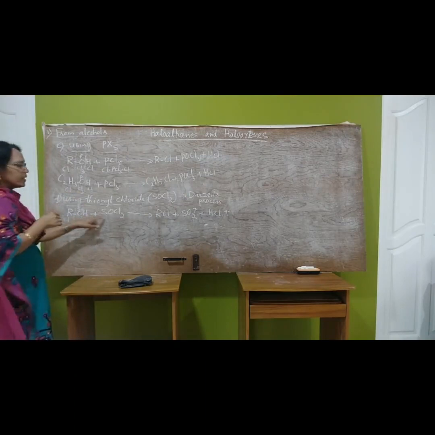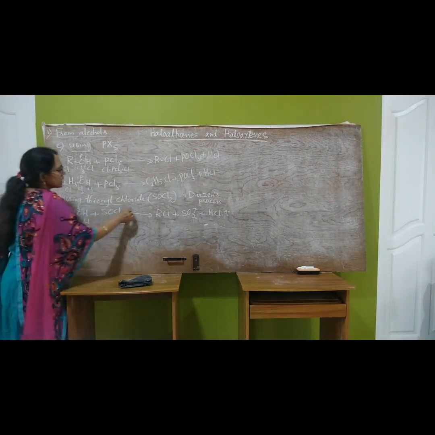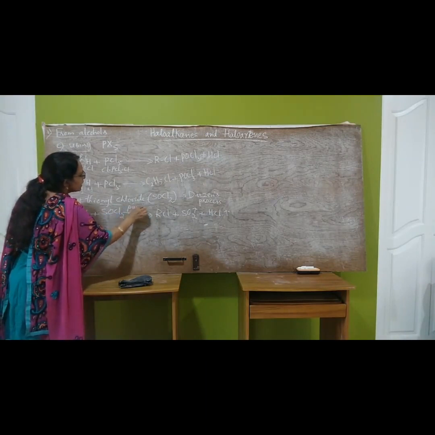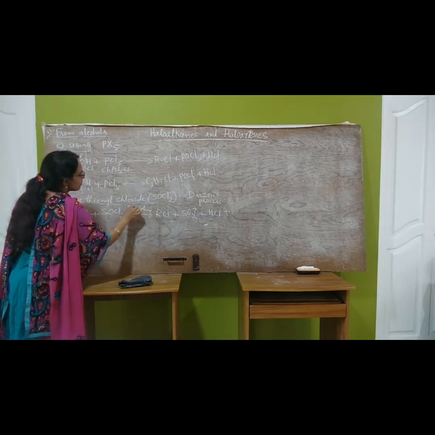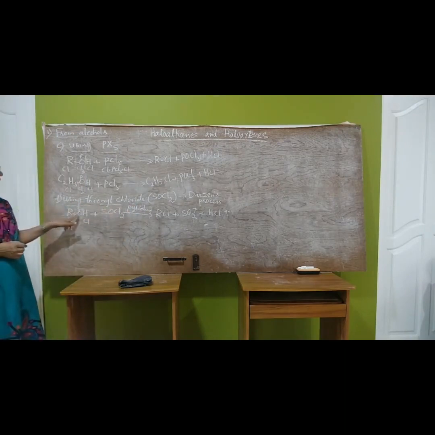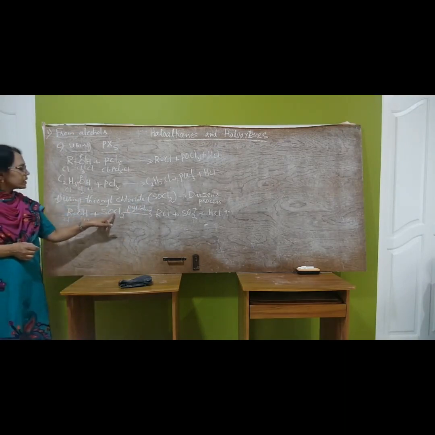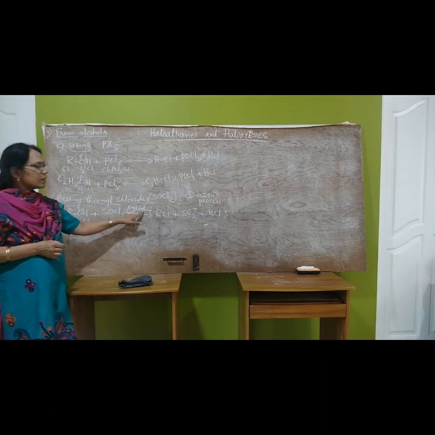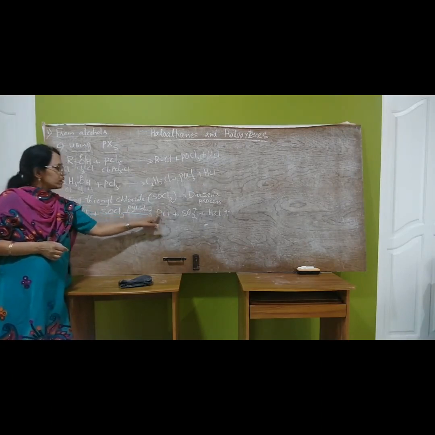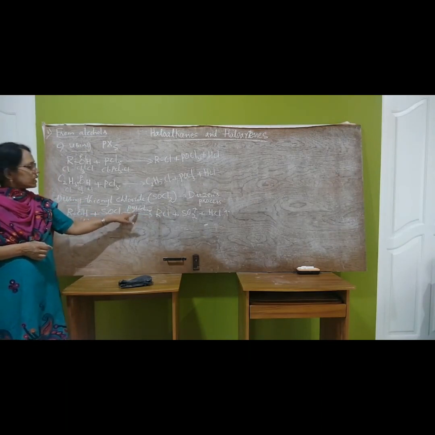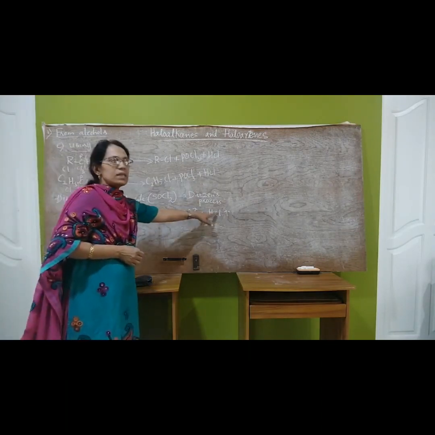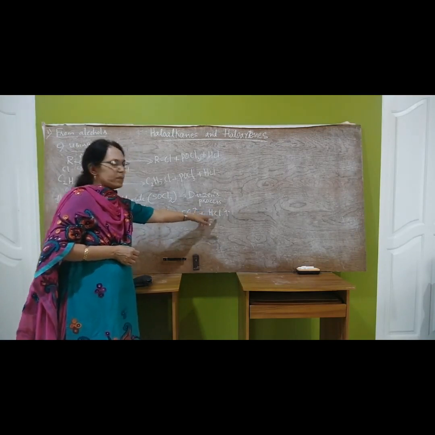In this reaction, the reaction takes place in the presence of pyridine catalyst. Alcohols when refluxed with thionyl chloride in the presence of pyridine form alkyl chlorides. This pyridine is basic in nature. Thus, it neutralizes the HCl acid which is formed.